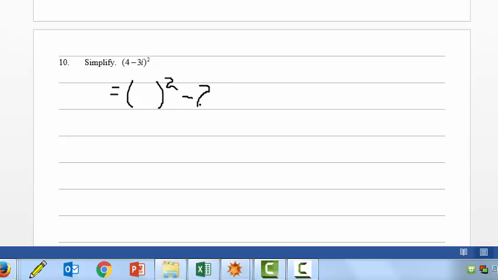In the case of subtraction, minus 2 times the first term times the second plus the square of the second term. And in our case, the first term is 4. And then 3i. If I'm thinking of this as the square of a minus b, a is 4 and b is 3i.